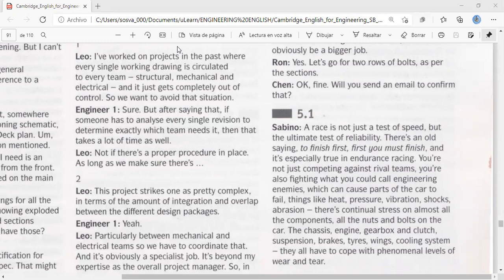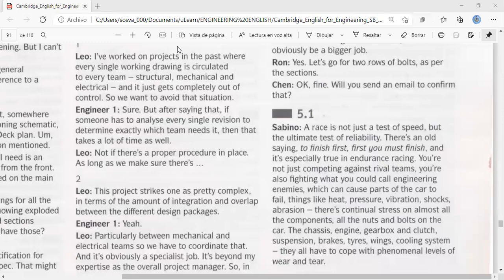Good. Okay, let me read. 5.1, Sabino. A race is not just a test of speed, but the ultimate test of reliability. There is an old saying, to finish first you must finish, and it's especially true in endurance racing.